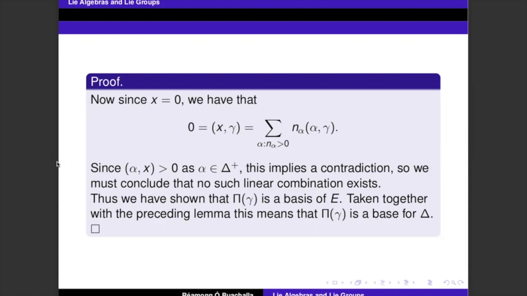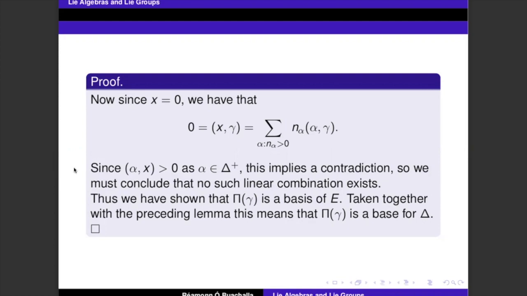Of course, if you've got alpha and then you look at minus alpha, it's not clear which one of them to call negative, because of course you can look at alpha as minus alpha. So you need to make a choice of which vectors are positive and which are negative in these plus minus pairs that we have. And that can actually be shown to be equivalent to the choice of a basis.